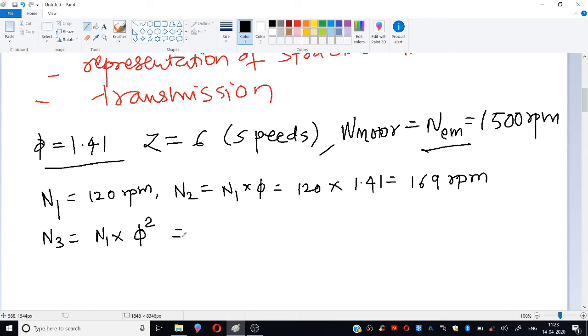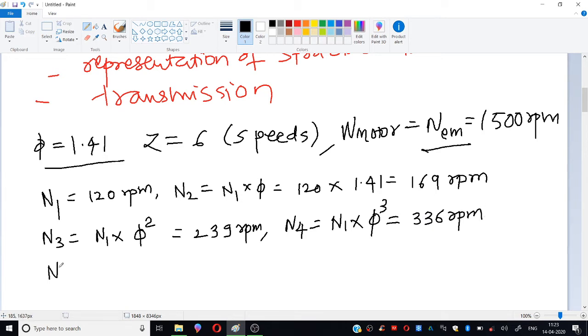Instead of showing the calculation, I'll directly write the values: n3 is 239 rpm. n4 is n1 into phi cube, which is 336 rpm. n5 is n1 into phi raised to power 4, that is 474 rpm.